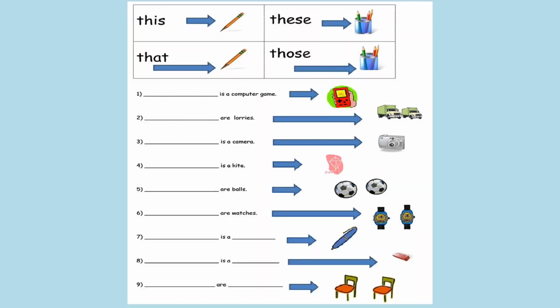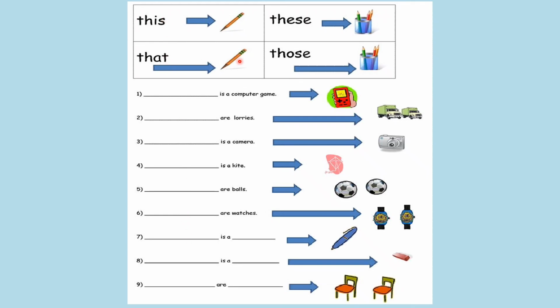And this one is your worksheet. There are 9 items, but for 7, 8, and 9 there are 2 answers, so it's 12 items. All you have to do is write the correct answer on the blanks.